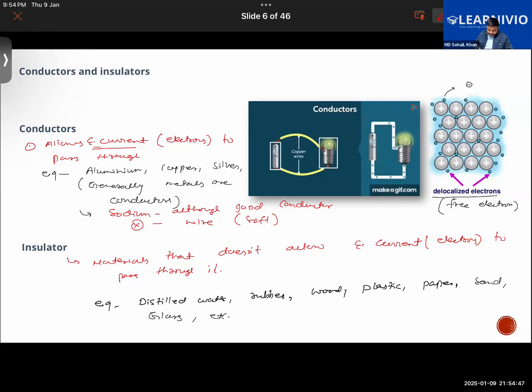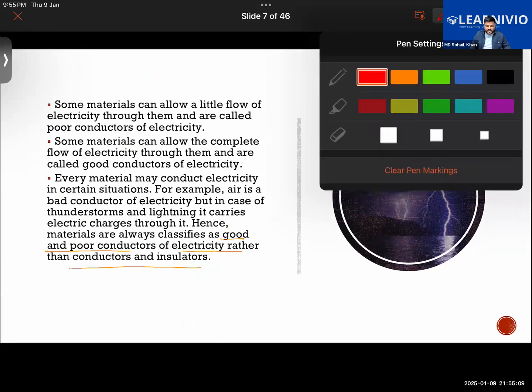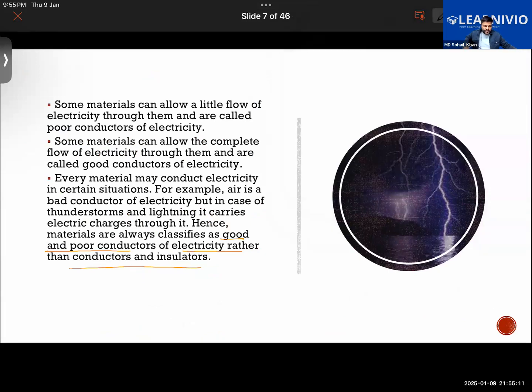Got it, everyone? So the important point to be noted down here is that electrons are fixed and hence not free to move. And thereby electricity will not be passing through it.